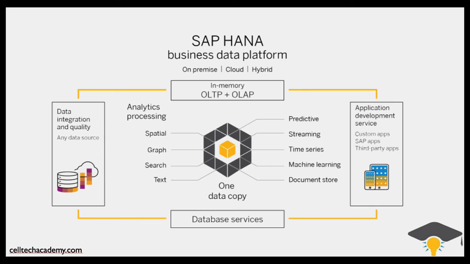Let's look at the SAP HANA Business Data Platform. You have three options. One, you could keep your HANA system on-premise, or you can have it in the cloud, which could be AWS, Google, Azure, or any other cloud provider, and also you can have it in a hybrid way. What is the hybrid way? Let's take SAP HCM, which is Human Capital Management, their flagship HR product.